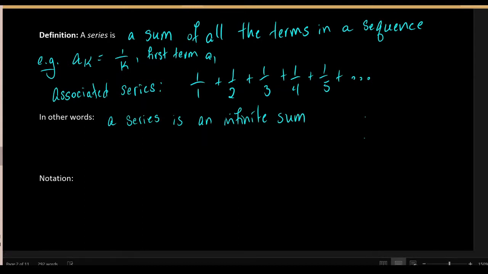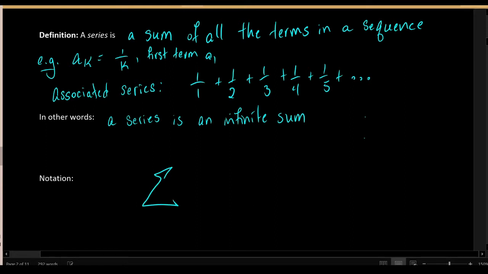Now, because a series is a sum, we can represent a series using the same notation that you used for sums back in Calculus 2, when you did so-called Riemann sums for functions. So we can use this sigma, Greek letter S, S for sum. Below we have the index, I'm just going to use the letter k for short.